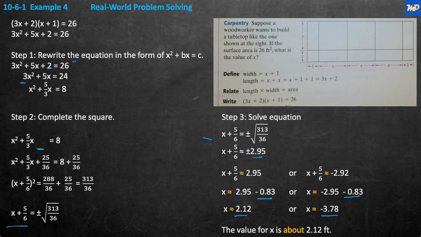So you can't have a negative length. This x value here cannot be used because this is a table in the real world, and it has to have a positive dimension. It can't have a negative dimension. So the only dimension we can use is the 2.12. And so we can say the value for x is about 2.12 feet long.